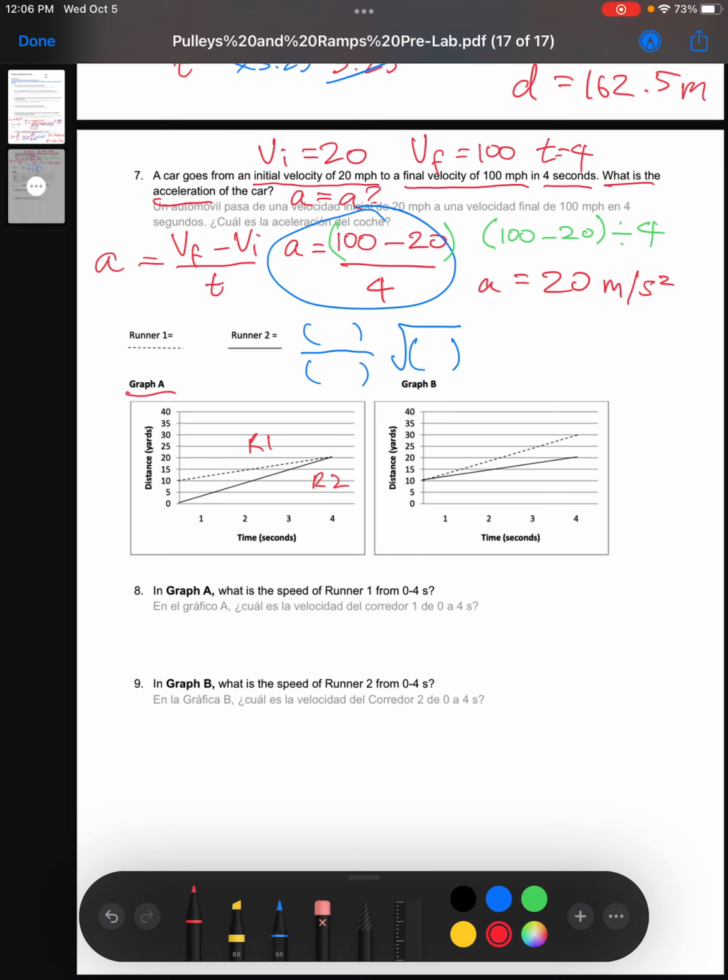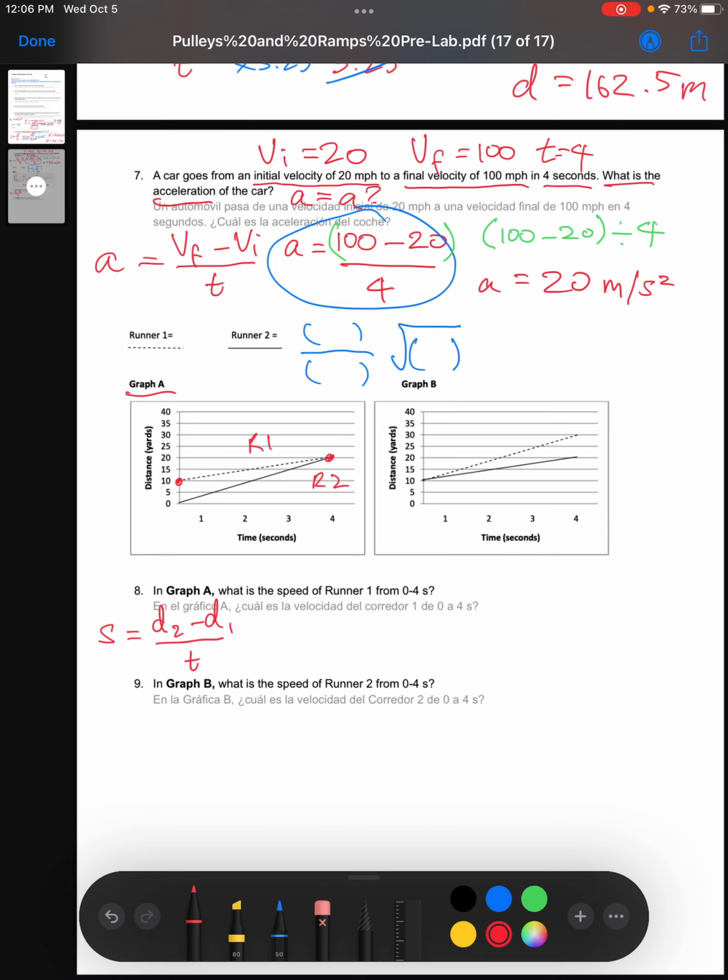We get the speed of a runner by finding their change in distance divided by the time. So runner 1 is going from that point to this point.